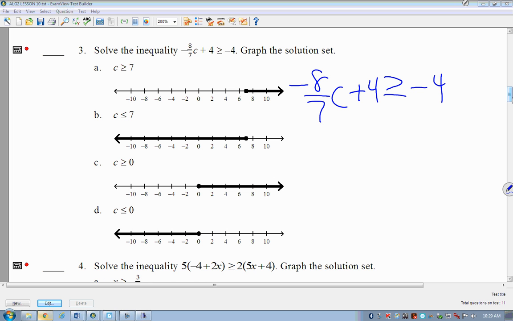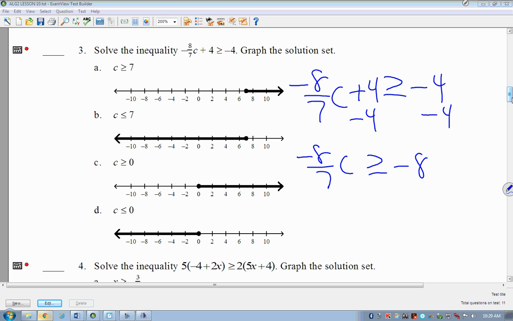Subtract 4, very good. All right, so we're going to subtract 4 from both sides. Is that going to change the sign? No. Negative 8/7 C is greater than or equal to negative 8, correct? Okay, Allison, what would you do next? Okay, so you want to divide.